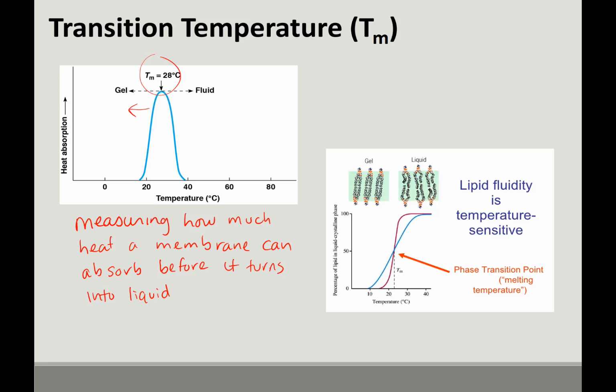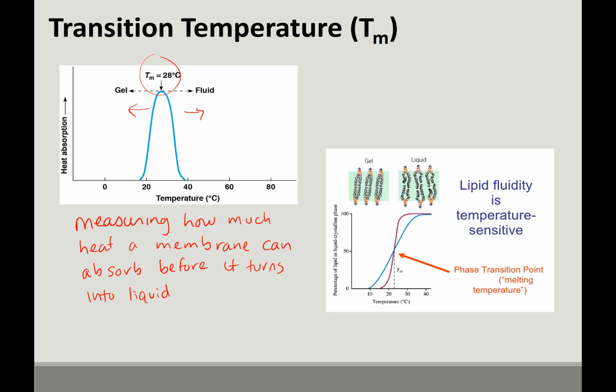So think about when you have really cold Jell-O coming out of the fridge, it's hard to move things around in there. Then you can warm it up a little bit, and maybe the fruit you've embedded in the Jell-O can start to move around.